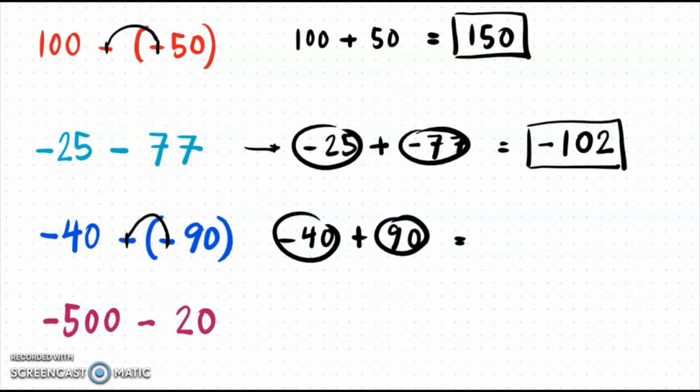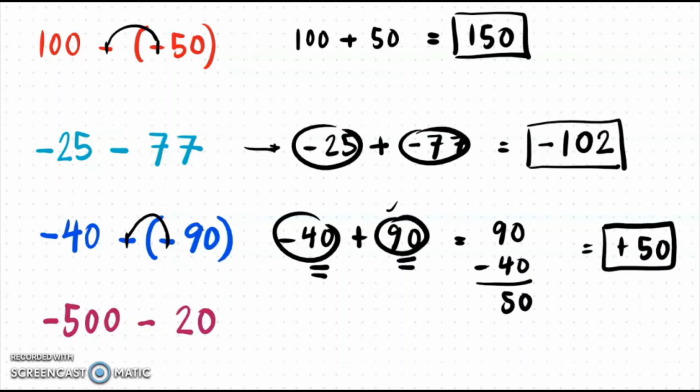So apply subtraction on the absolute values. That means 90, the bigger one, minus the smaller one, 40, is a 50, right? But what is the sign? So the absolute value 90 is bigger than the absolute value 40, and it is positive. So our answer is positive 50.